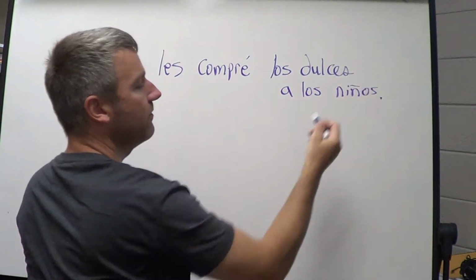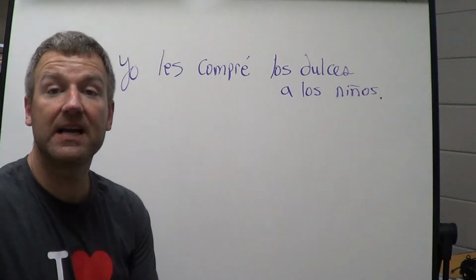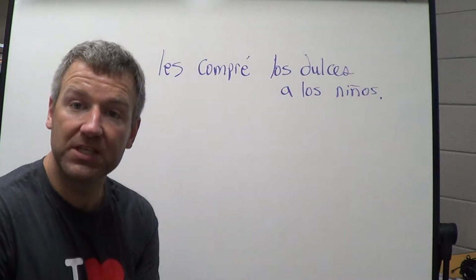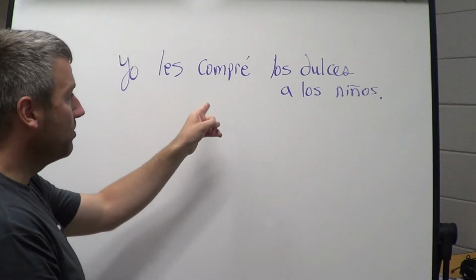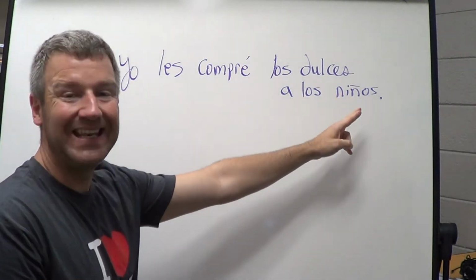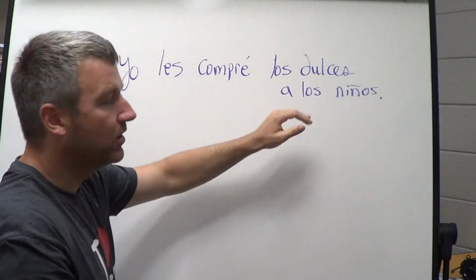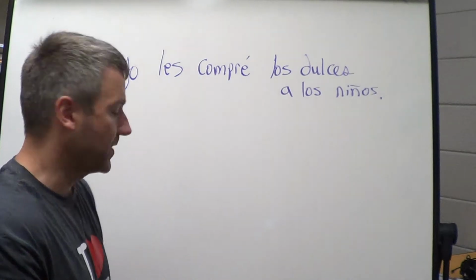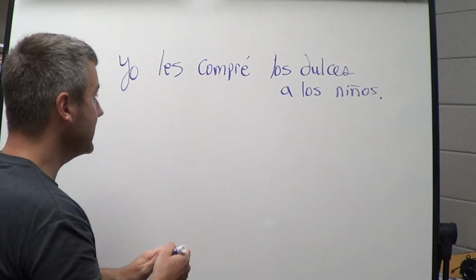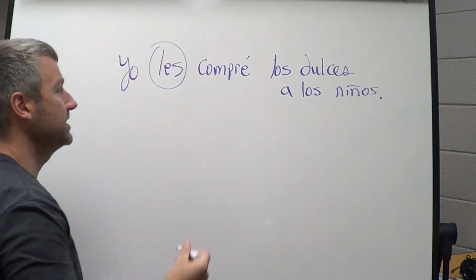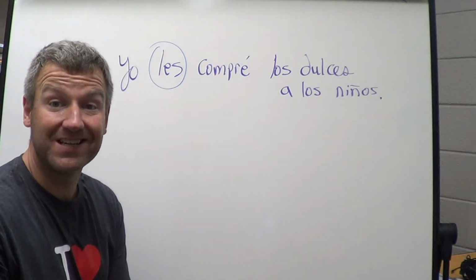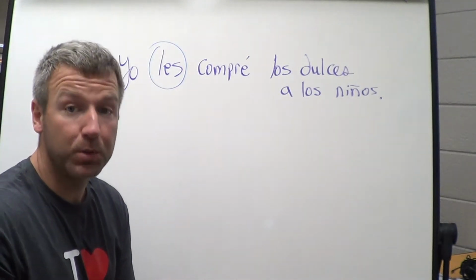So I'm feeling all free-hearted and I just feel like I want to give some candy to a bunch of kids. So, yo les compré los dulces a los niños. I bought the candy for the kids. Alright? Now you notice this time, guys, that les is what we are using. It's our indirect object pronoun, and it's plural.